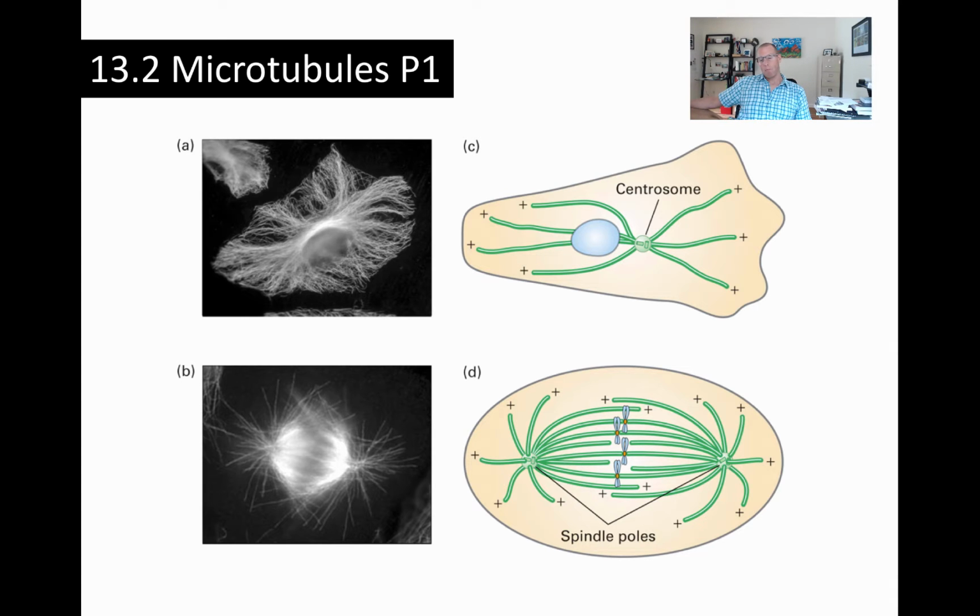Centrosomes are absent in plants, but there's a region of cytoplasm that acts as the microtubule organizing center, and so that region of cytoplasm in plants has the same function as the centrosome in animal cells. So in the interphase cell, you can see that the microtubules are radiating from this point here, close to the nucleus, which is a little bit shadowed here, and they then radiate out through the cytoplasm. So they radiate from one point in an interphase cell.